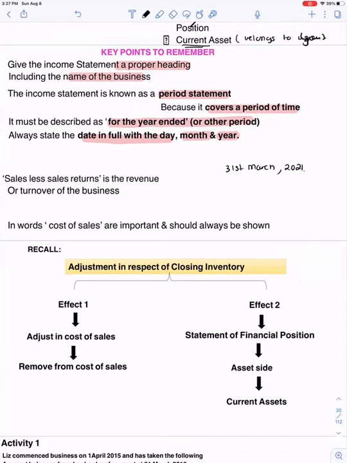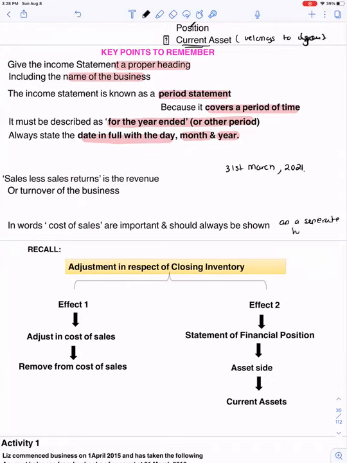Okay, so this is the way you write for the year ended, the period that it covers. Also, you should know by now what is your revenue. Sales less sales return is your revenue, and your revenue is your turnover. Cost of sales is very important. It should always be shown as a separate heading.